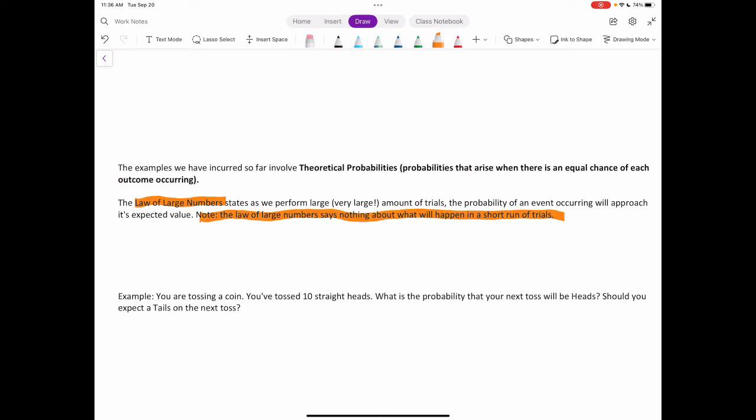Okay? So what this means is that if we were to look at an extremely large amount of trials of, let's say, flipping a coin, right? We're looking at millions and millions of trials of flipping a coin. Well, yes, we expect roughly 50% of those outcomes to be heads and 50% of those outcomes to be tails, right? However, in the short run, there's no rule that says we expect 50% heads and 50% tails.